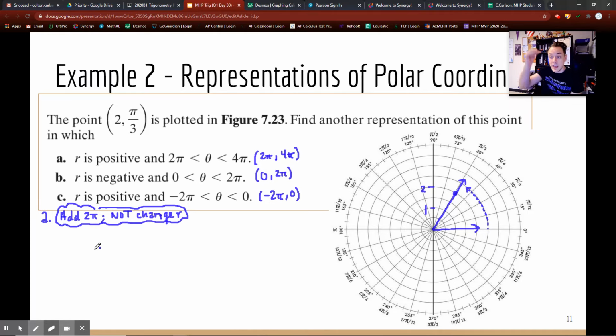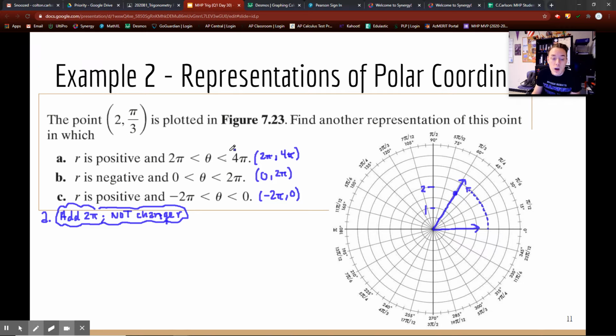In the last slide, it was ABC. So you're not necessarily just going to say, oh, that's A, so I'm going to add 2 pi to it. No, it depends on the interval. Okay, so on the last slide, on A, depending on the interval, you could subtract pi, or you could subtract 2 pi.